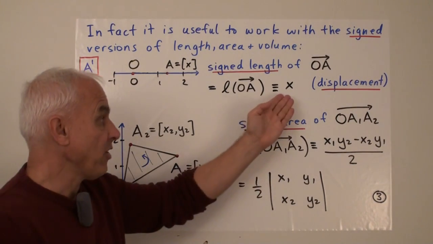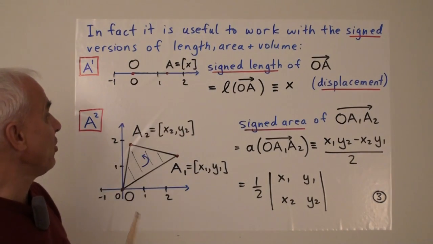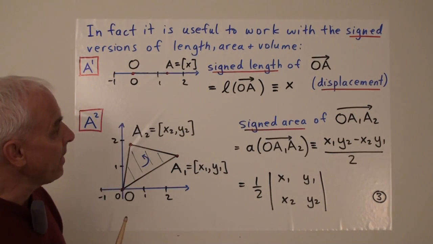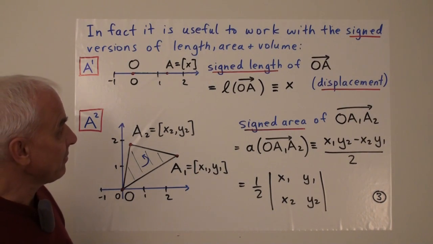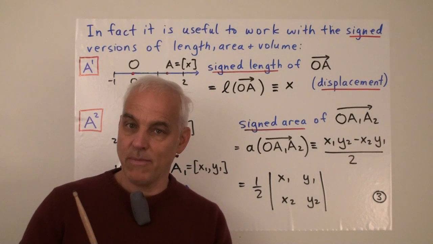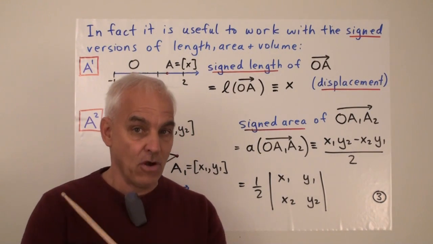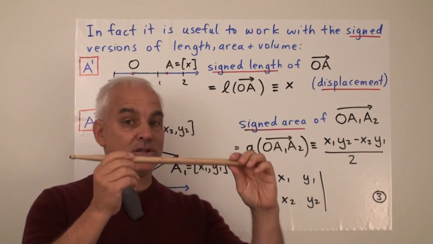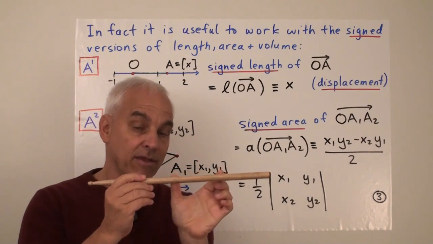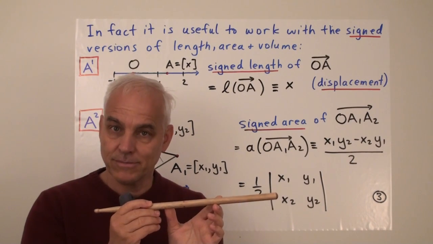It could be positive or negative or zero, depending on the position of A with respect to O. And it is quite a legitimate use of the term length in geometry. So it's certainly not my position that length has no role. In the one-dimensional situation, this notion of signed length is both natural and very reasonable and important.